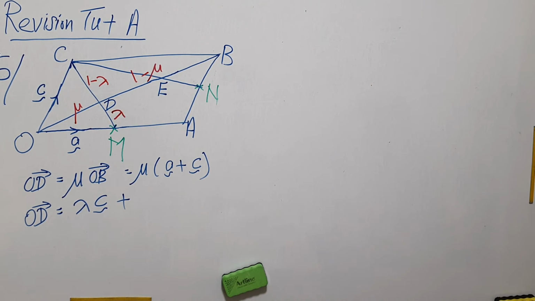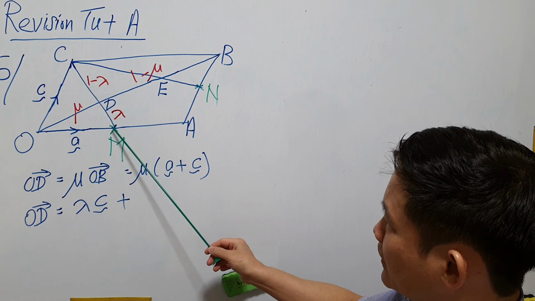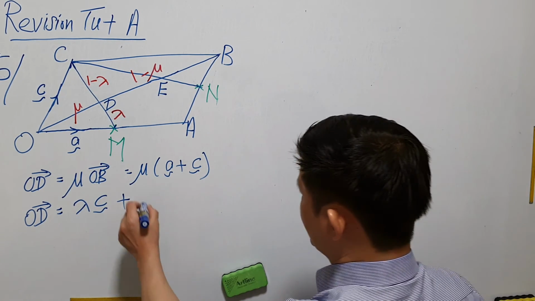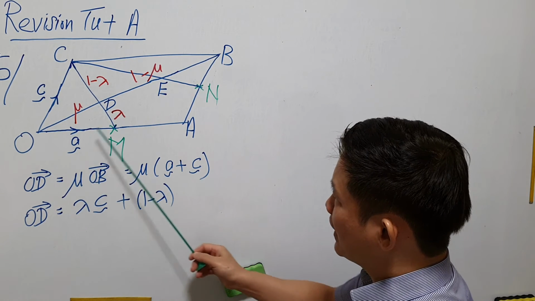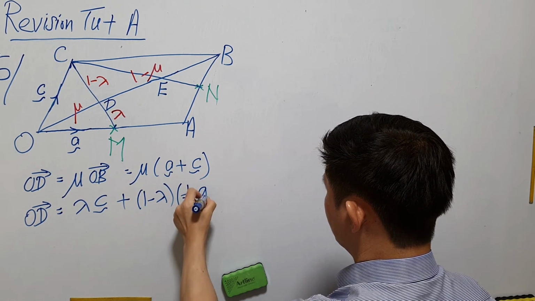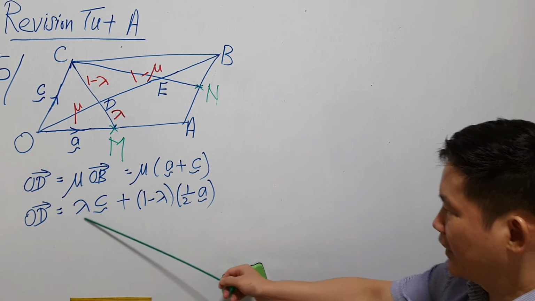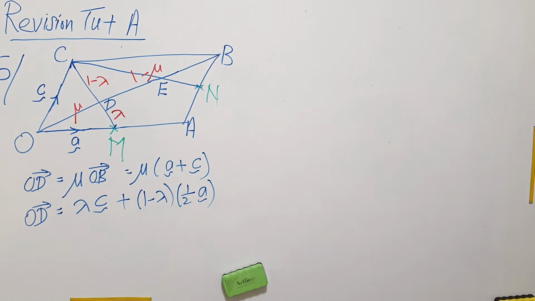Okay, so if you understand what's going on, the next part is I'm going to take 1 minus lambda times this vector here, which is half of A. You're supposed to divide by the sum of these two numbers, which is 1, so I'm going to just ignore it.